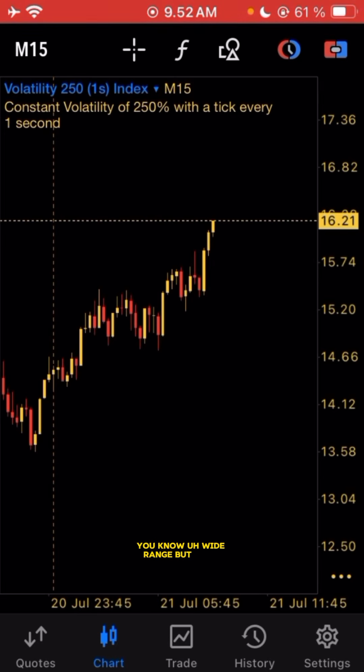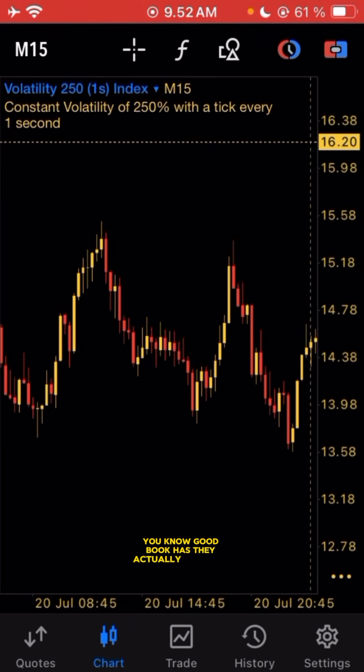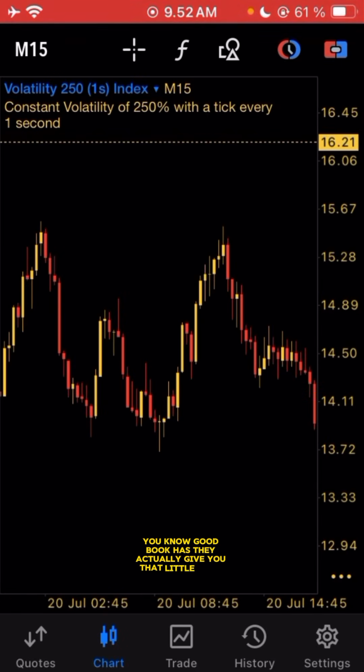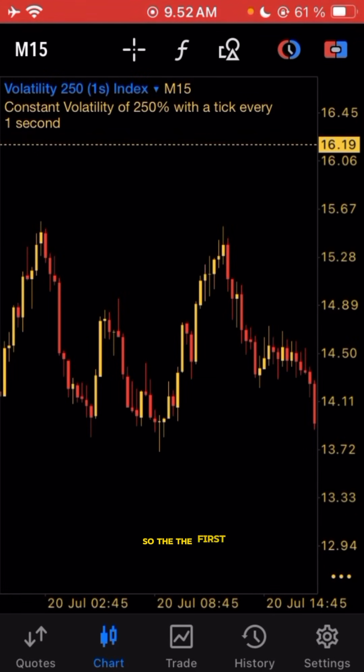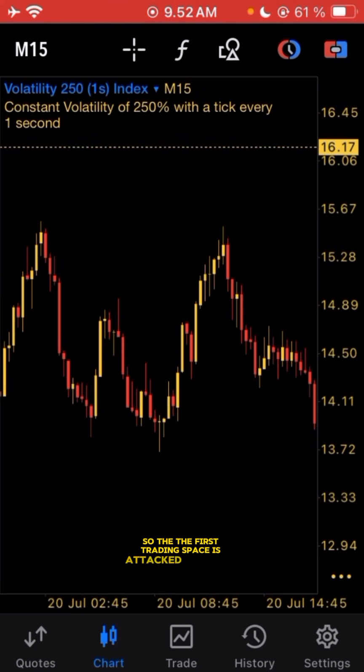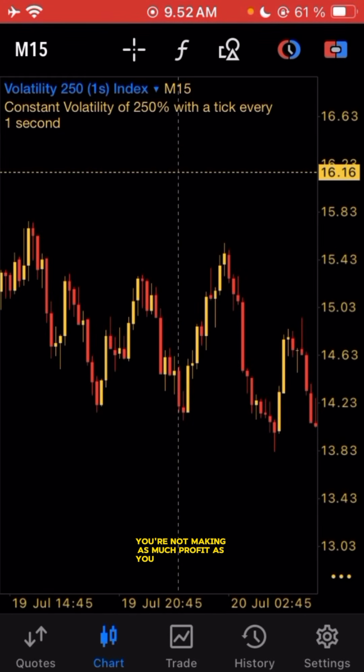But some brokers, good brokers, they actually give you that little spread. So the forex trading space is attacked by spread. That's why when you take a trade and you're even making profit, you are not making as much profit as you should. That is the problem.